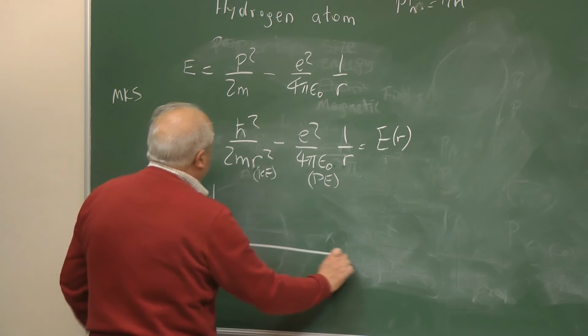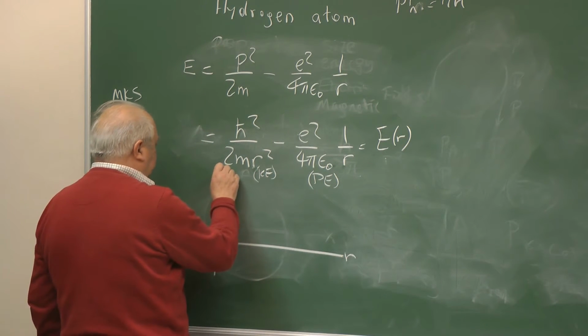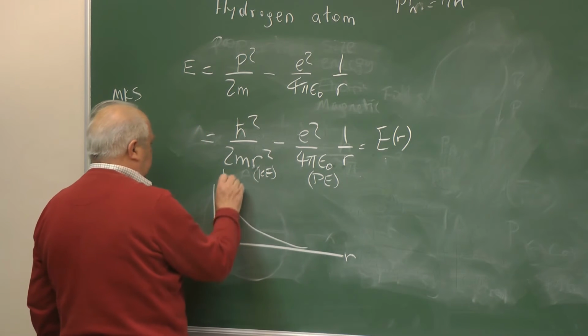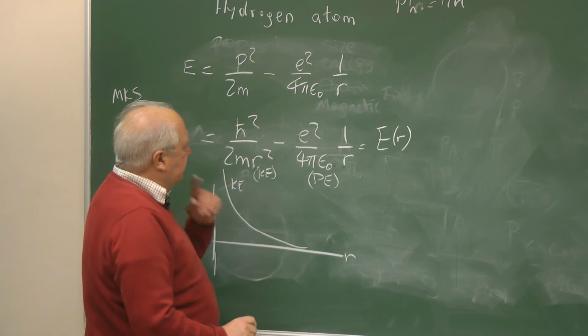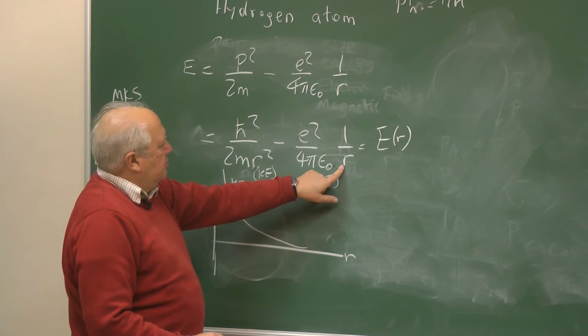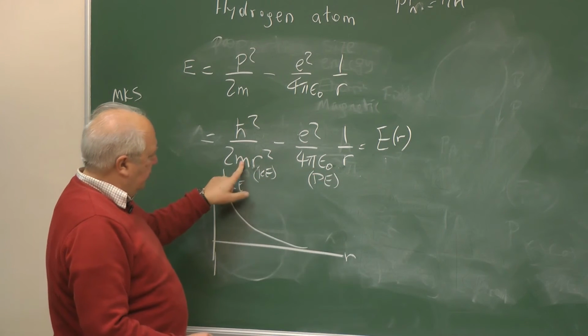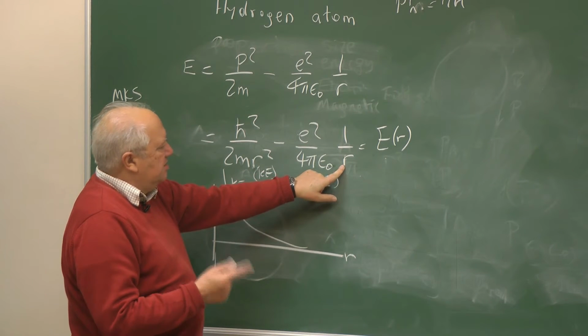So if it is positive, this is r, and it goes like this. So this is the kinetic energy. How about the potential energy? This also goes to negative infinity as r goes to 0, but this is the dominant one at larger distances.